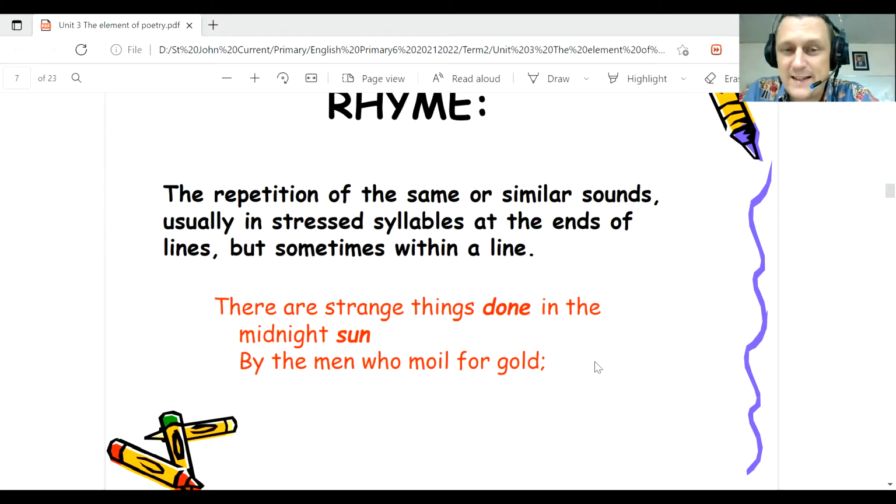It can be within a line, so be careful. But usually it's very clear: if it says end, that means end, like end rhyme, then it's at the end of the line. You can call it sentence because most lines in poems are sentences, but not always. Okay, so done rhymes with sun.